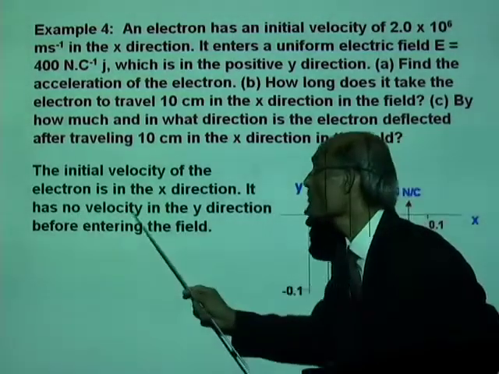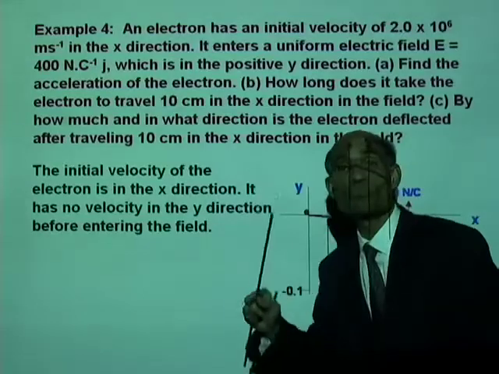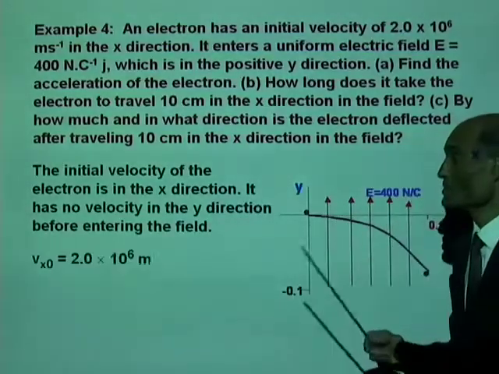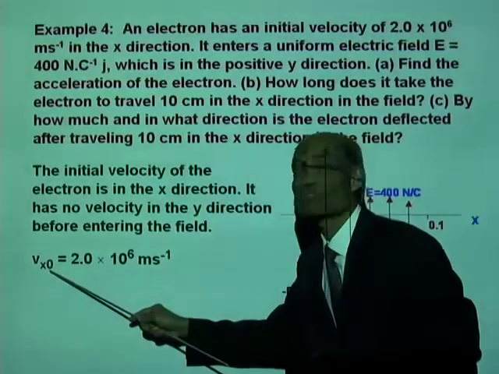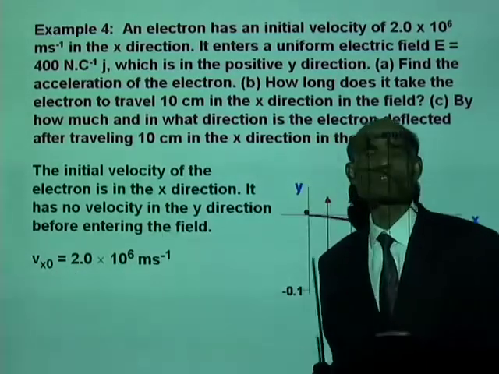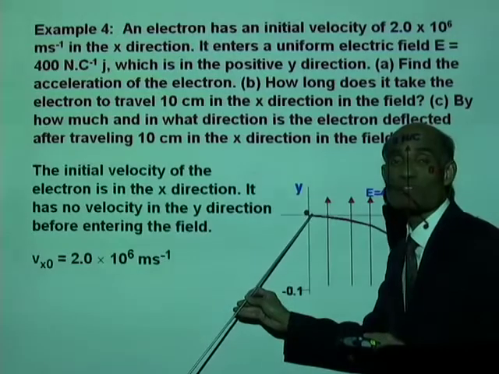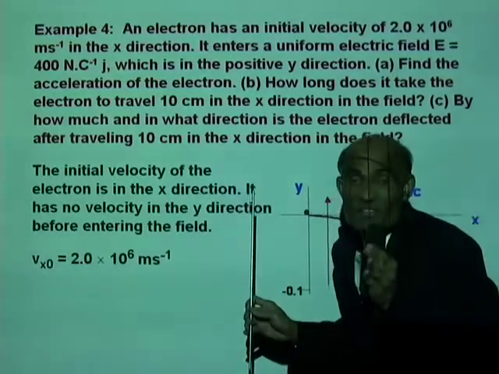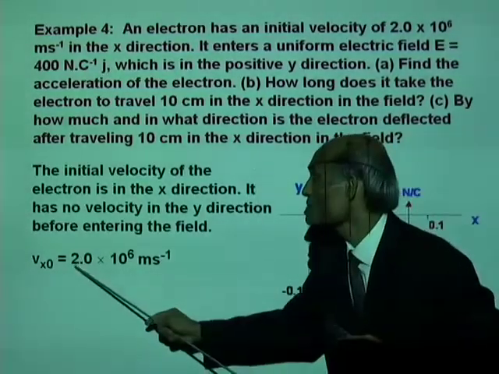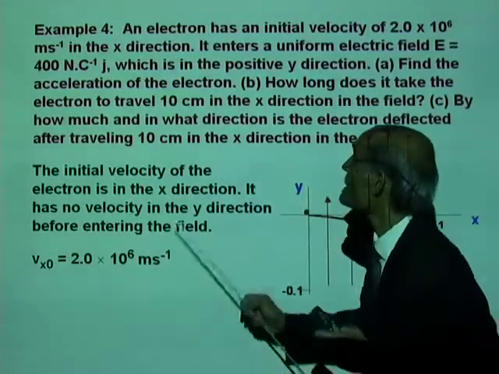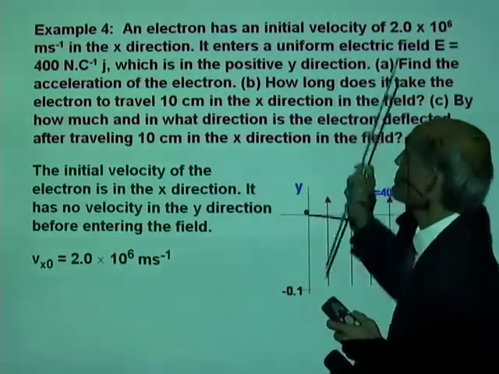It has no velocity in the y direction before entering the field. So we can say Vx0. What does Vx0 stand for? The x velocity before entering the field, or at the instant when it entered the field, is 2 times 10 to the 6 meter per second. That is given to us.